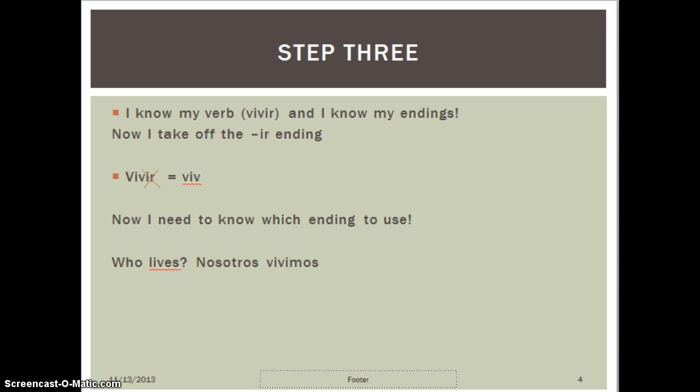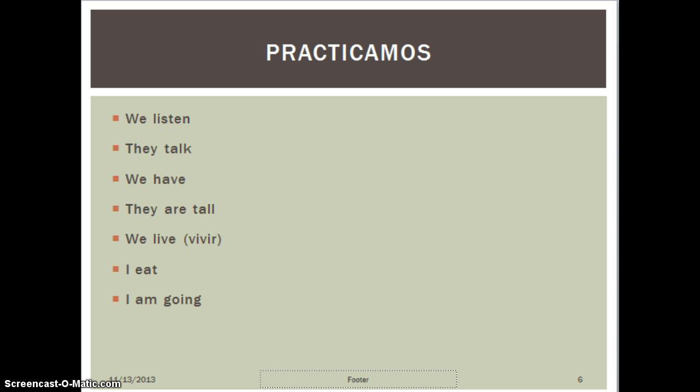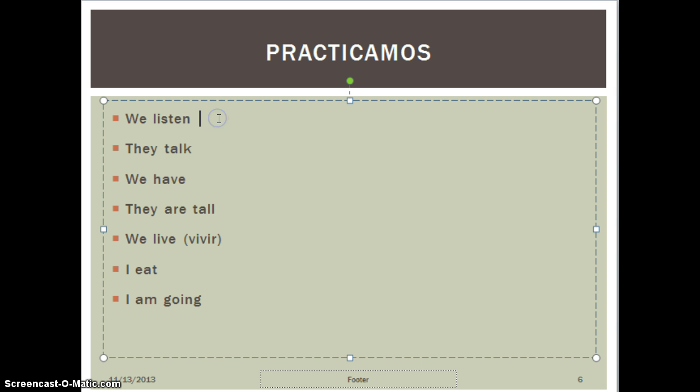Now we'll go ahead and do some practice. Here we're going to practice. Okay? So I'll do the first one with you. We listen. So I know that we're going to use nosotros. Escuchar is the word for to listen.